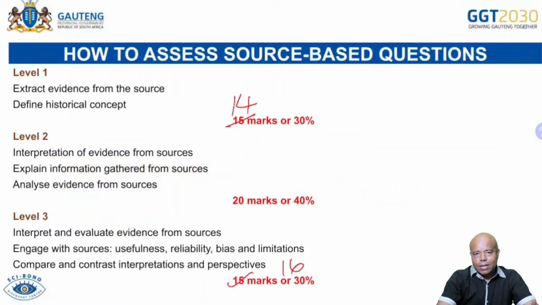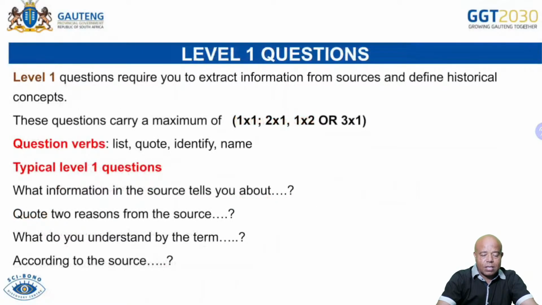You must engage the different sources when they ask questions like comment on the usefulness, explain the usefulness, comment on how reliable the source is, explain how reliable the source is, bias and limitations as such. Then you must also answer questions on compare and contrast. Basically, compare means the similarities, contrast means the differences at the end of the day. But we'll go into more detail when it comes to level 3 questions.